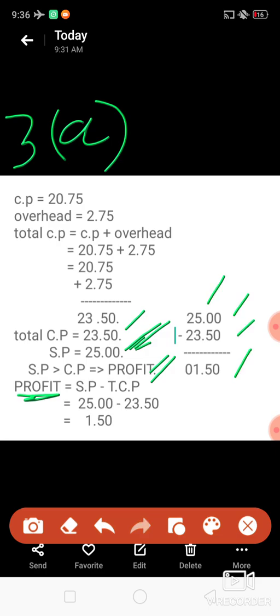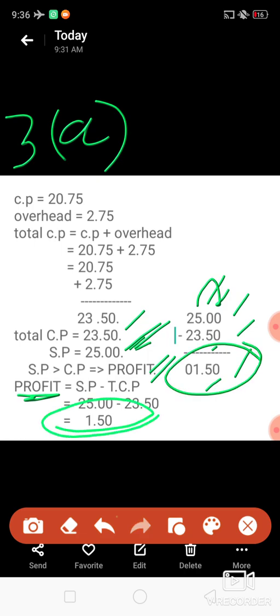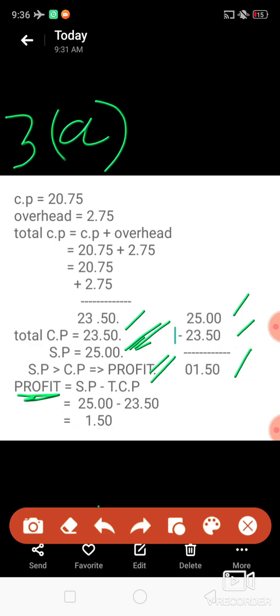From 0 we cannot subtract 5, so we are borrowing, it is becoming 10. 10 minus 5 we are getting 5 here. Now below we'll write the decimal. Then here 4 is left, so 4 minus 3 is 1, and here 2 minus 2 is 0. So overall how much are we getting? 1.50. Okay, so this is your profit, 1.50 rupees. I hope it is clear to you.